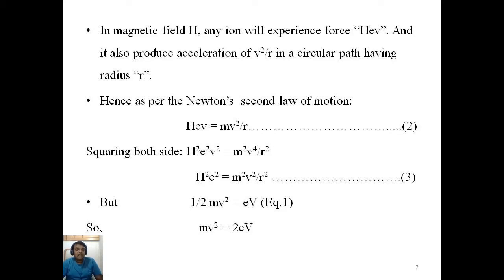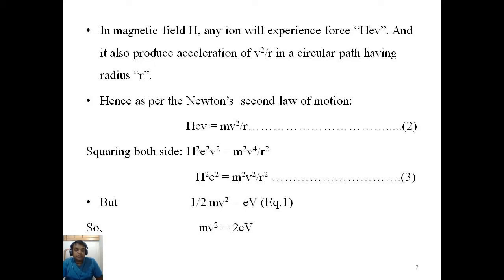So as per Newton's second law of motion, capital H into small e into small v is equal to mv square upon r. Here m is the mass of the molecule, v is the velocity, and r is the radius.